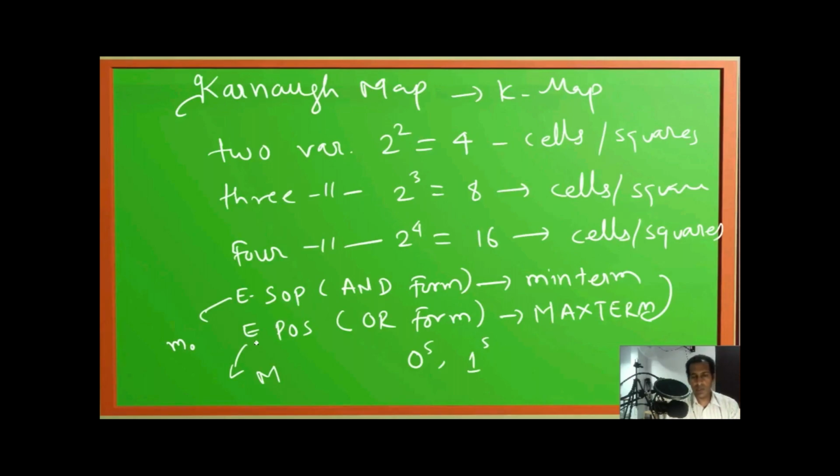Let us now see some examples of a two variable K-map. A two variable expression can have 2 to the power 2, that is 4 possible combinations.